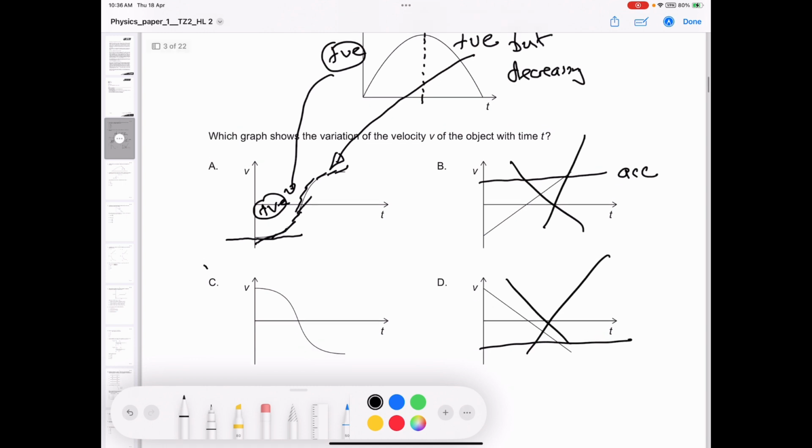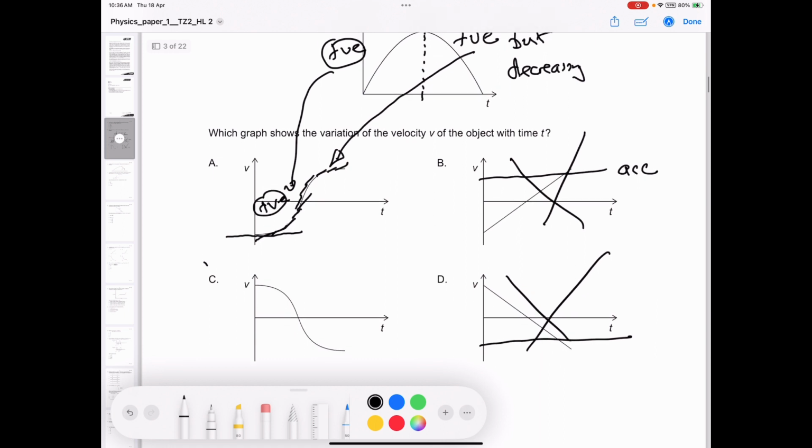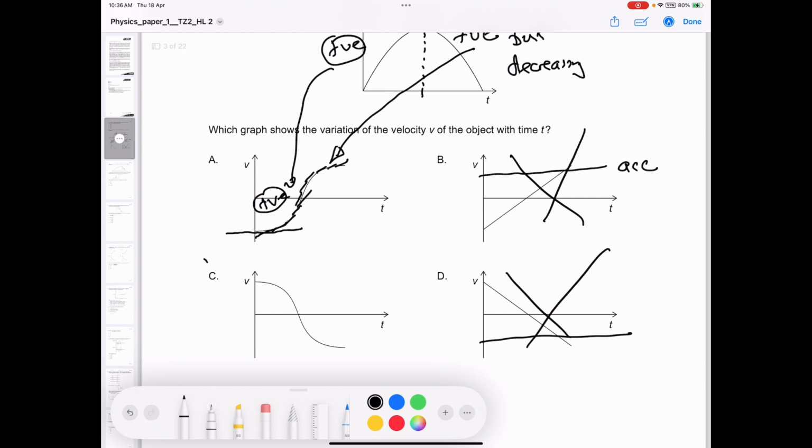And it's not C because the gradient is actually negative here. We have a negative gradient here, and this doesn't correspond to our positive a in the graph. So therefore, the answer is A.